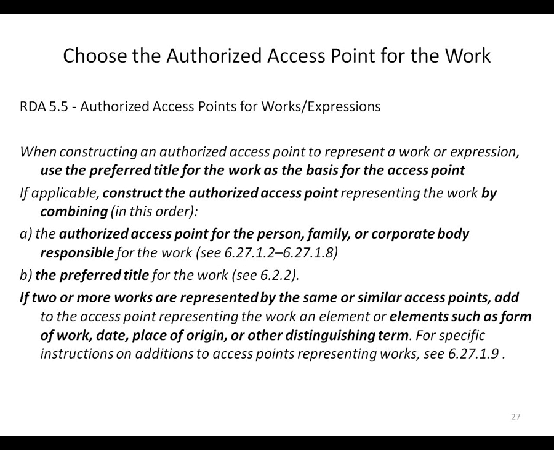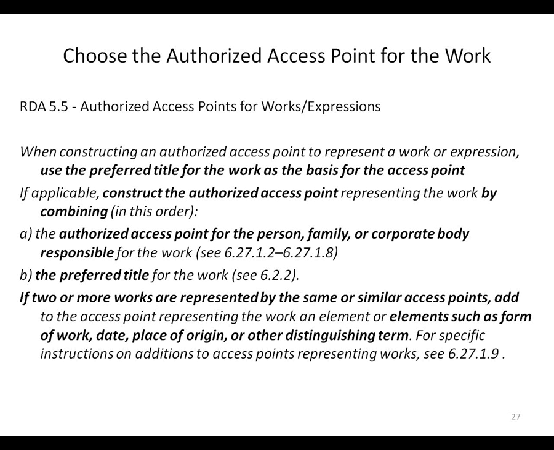Okay, now a concept that's in RDA is the authorized access point for the work. So when constructing an authorized access point that represents a work or expression, use the preferred title as the basis.